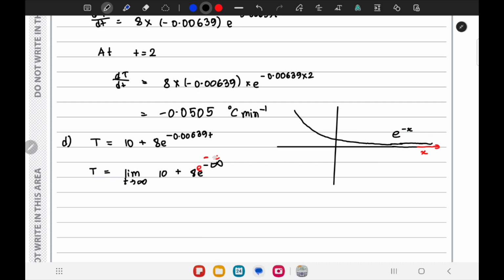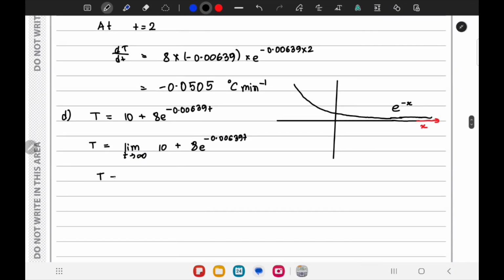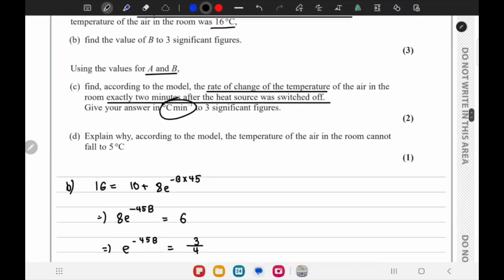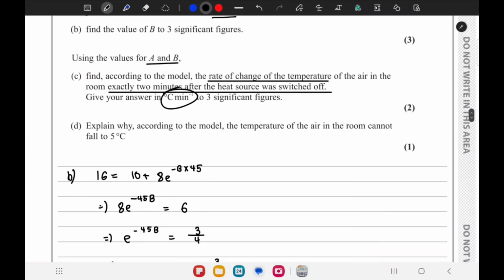It's asymptotic. So in the next line we can write, T long-term value would be 10 plus 8 into 0, so T equals 10. So this is the lowest temperature we can get. The temperature cannot fall to 5 degrees.